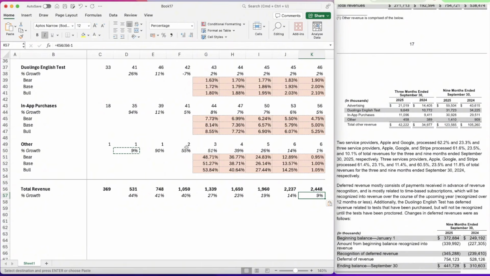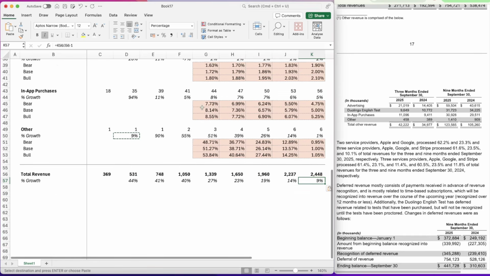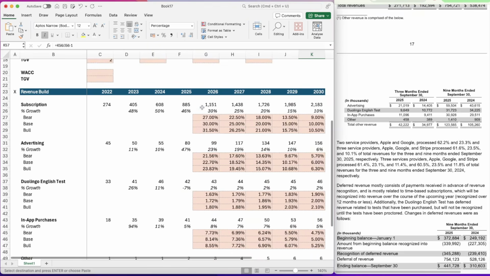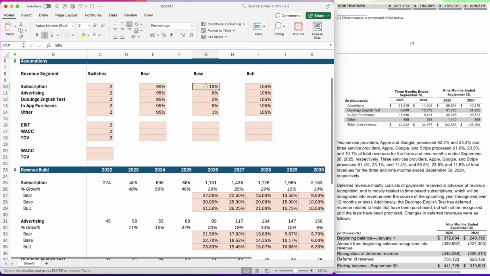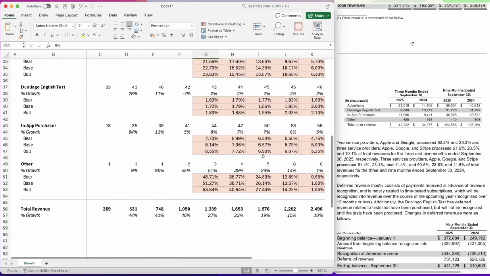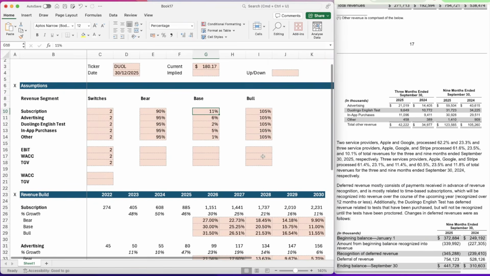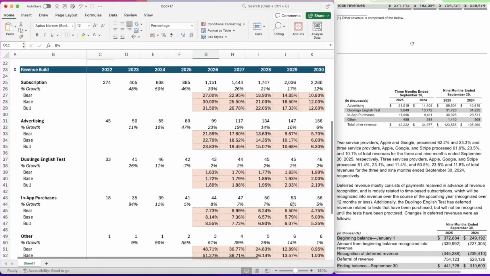Actually, I think we can make this a bit better as well. 12%. There we go.